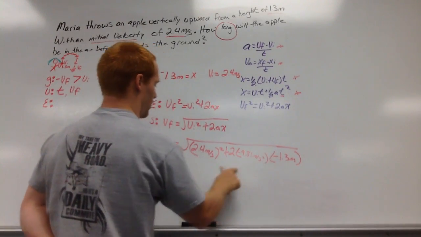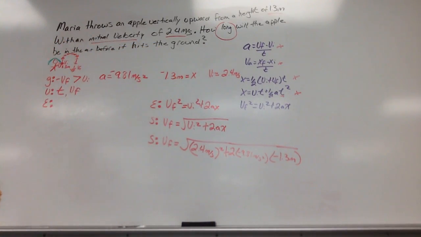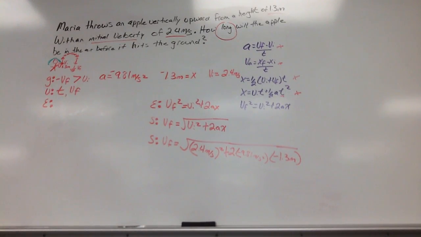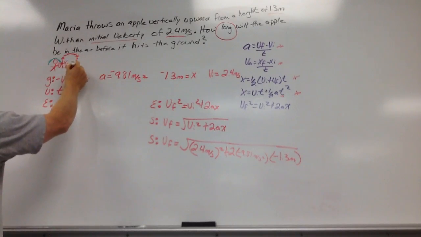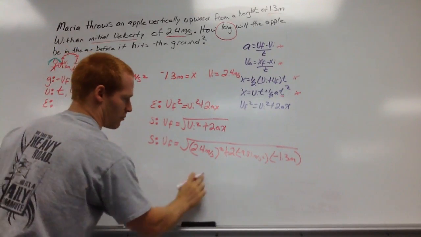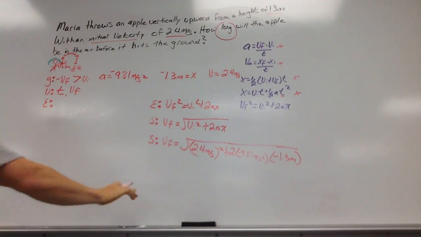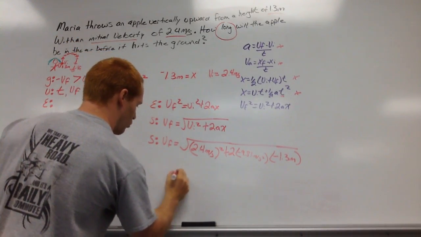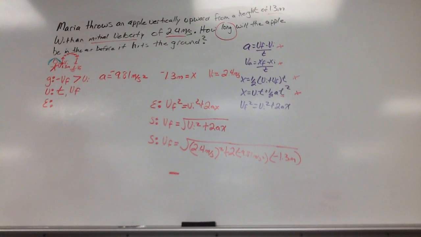Notice these two are negative, and that'll make VF a positive number, but because of this picture, it's going to tell us it's negative. The reason why is because that would be an imaginary number. We don't like negative numbers under the radical. So whatever our answer is, we're just going to stick a negative in front of it.